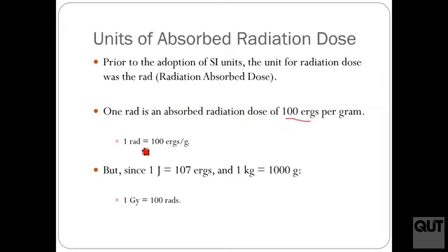So 1 rad is 100 ergs per gram, but since 1 joule is 10^7 ergs and 1 kilogram is 1,000 grams, 1 gray is roughly about 100 rads. Or 1 centigray is 1 rad. People doing radiotherapy will recognise this, as a monitor unit is typically set up to be a centigray.